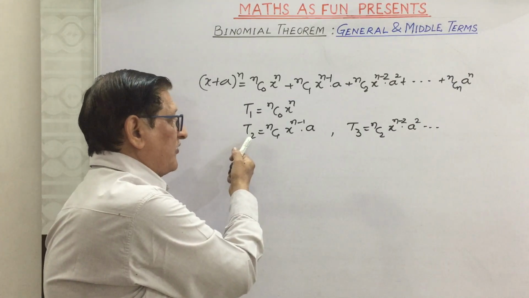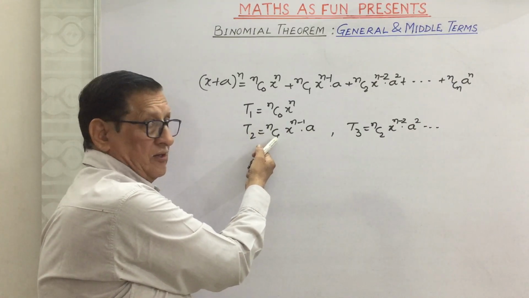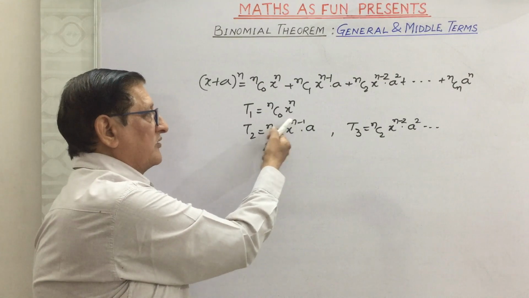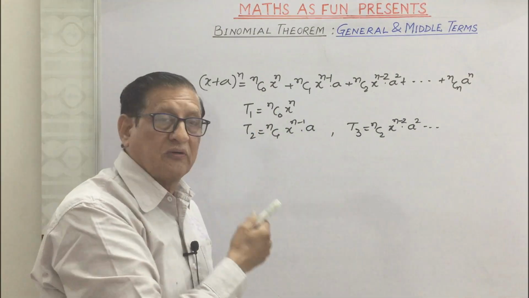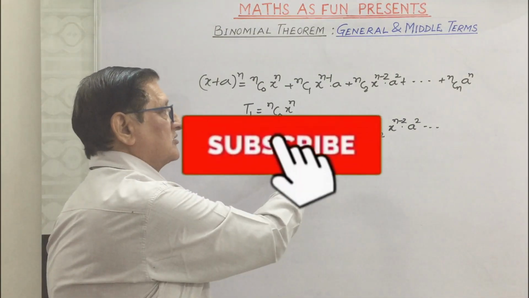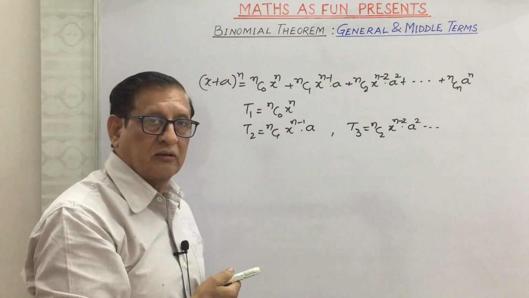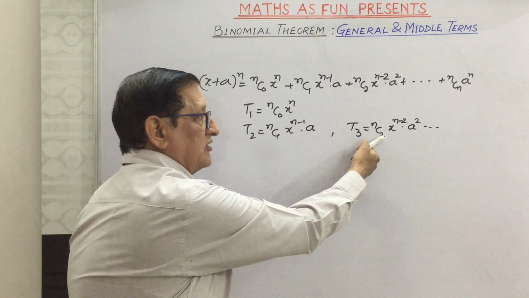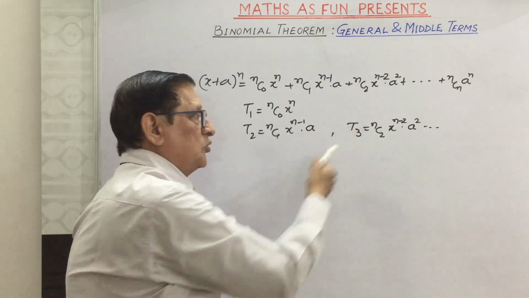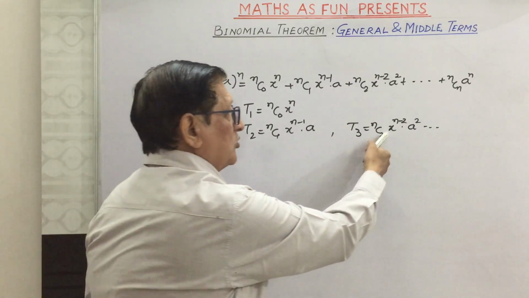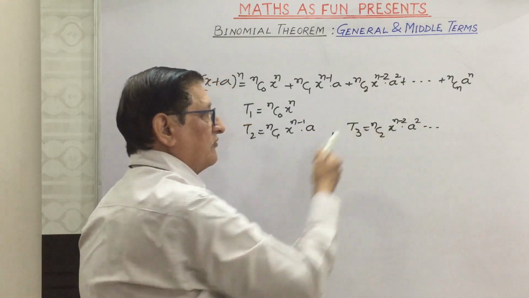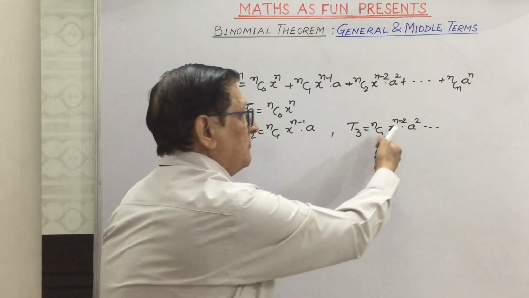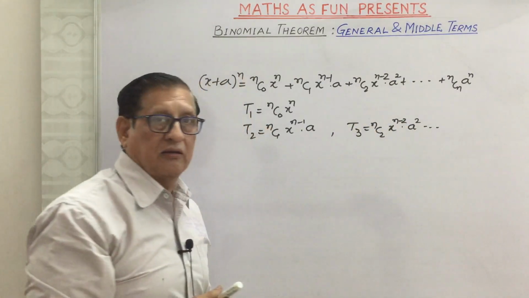In the second term, it is C1, and 1 is subtracted from n for the power of x, and this is the single power 1 of a. In the third term, r is 2, that is C2, and the same 2 is subtracted from n for the power of x, and the same power 2 is coming for a.